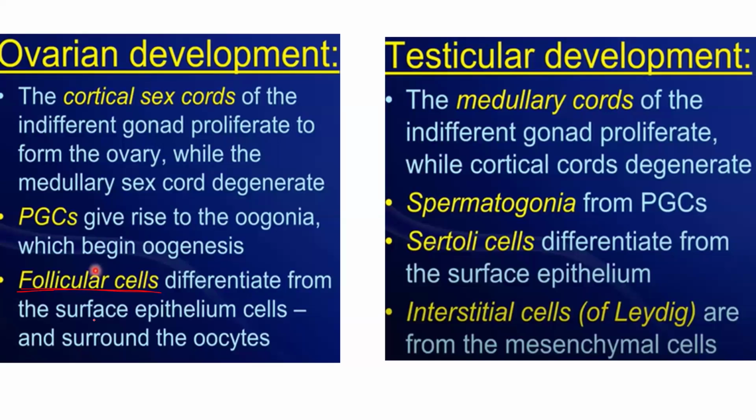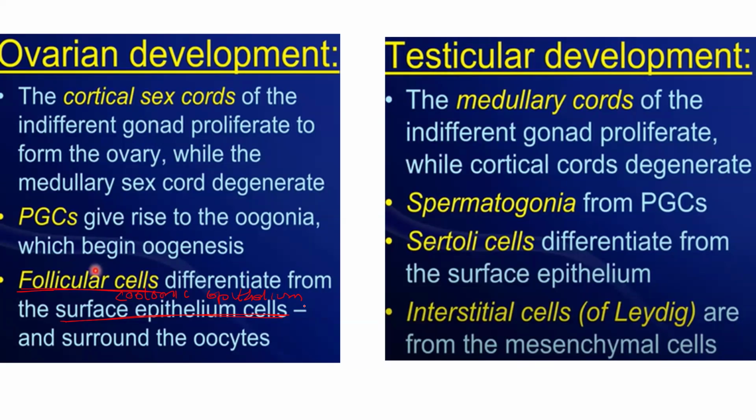Remember, the follicular cells are the supporting cells for the ova. Those come from the surface epithelial cells, what is known as the coelomic epithelium. If they give you that in your exam, they point to the follicular cells and ask what is the derivative, it came from the coelomic epithelium, or simply the surface epithelium of the gonad.